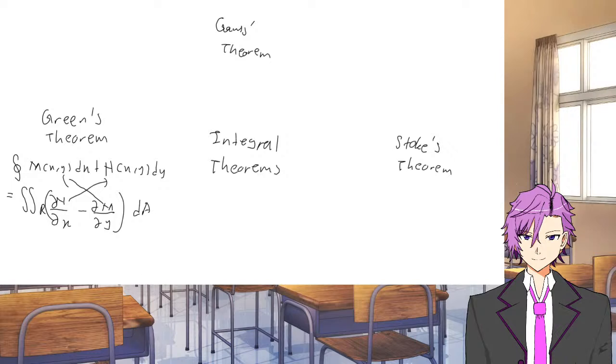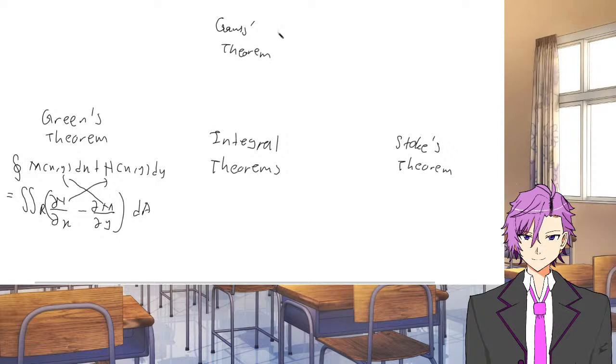Next would be the Gauss theorem. Gauss theorem and Stokes theorem both come from the surface integral, and you differentiate them by two methods from the vector fields.